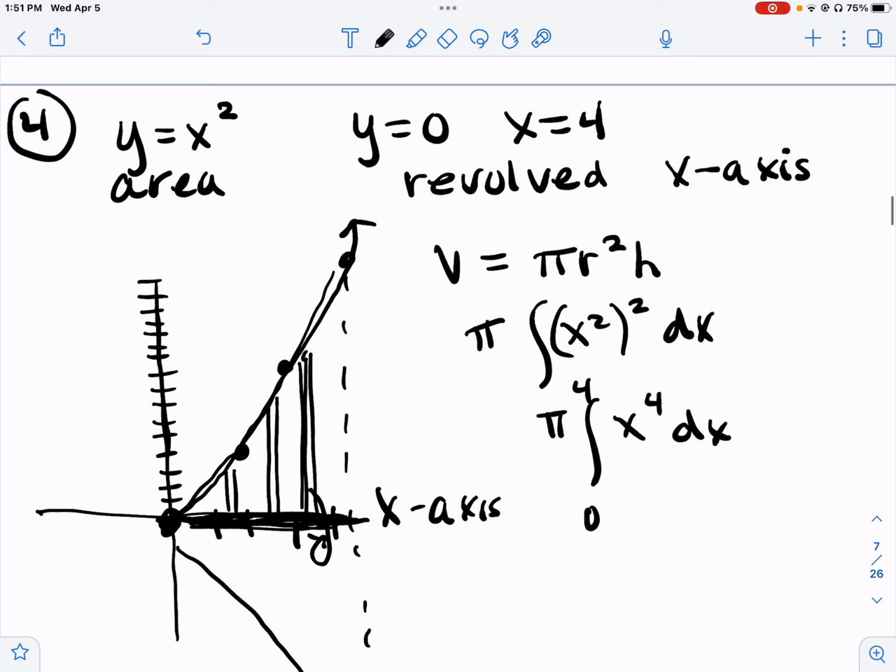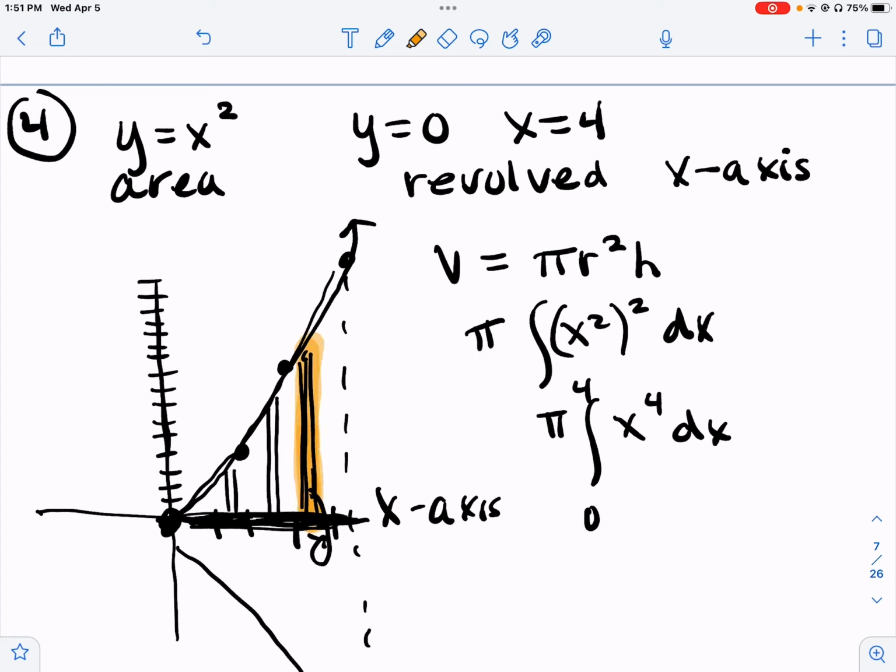Number 4, we're going to revolve this around the x-axis. So that means everything needs to be x. Our radius is the height. The height is whatever x is squared, because the height is y.